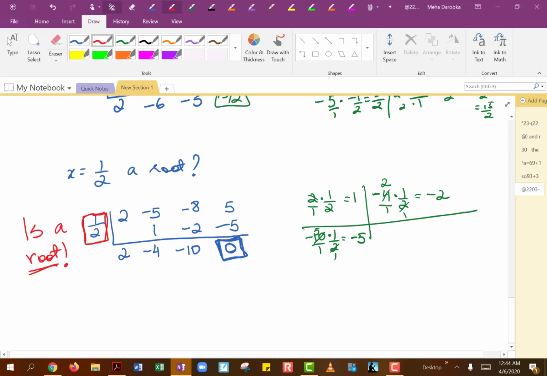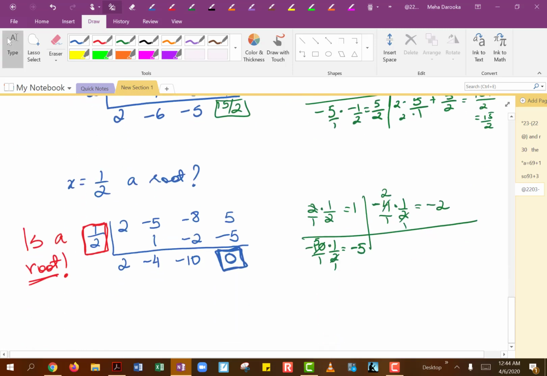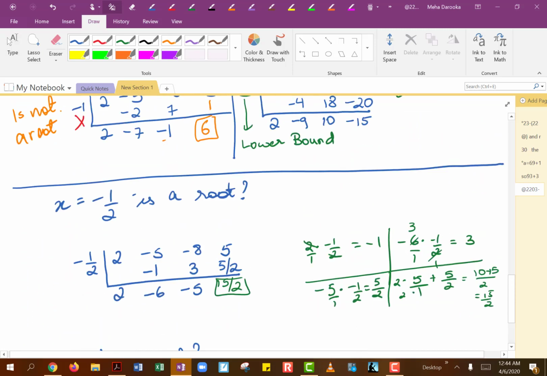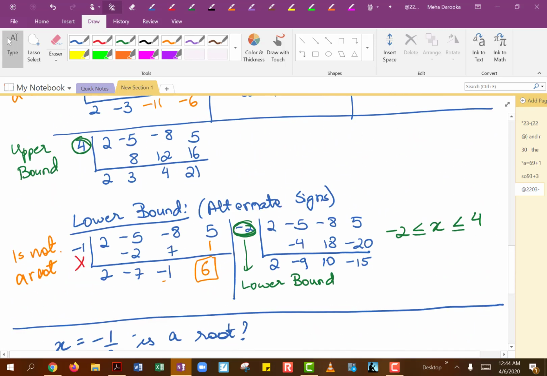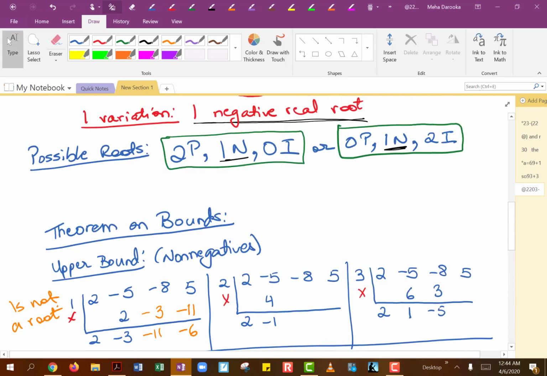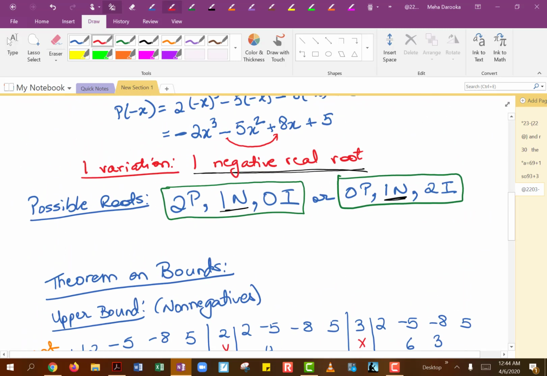this is a root, right? So we've got one of the roots, and this was actually a positive number, right? So since this is a positive number, going back here, you're actually looking at this option here, because if you got a positive number, that means we should have one more positive root and we should have one more negative root.